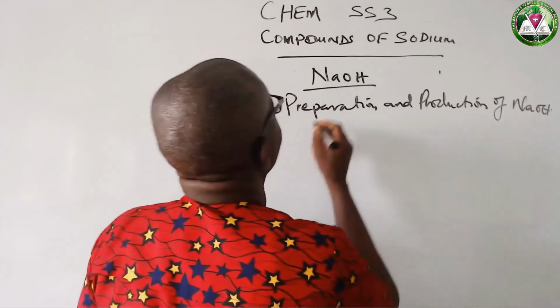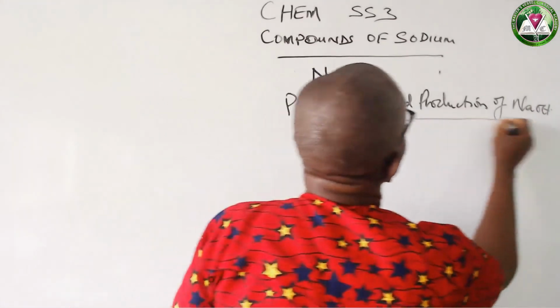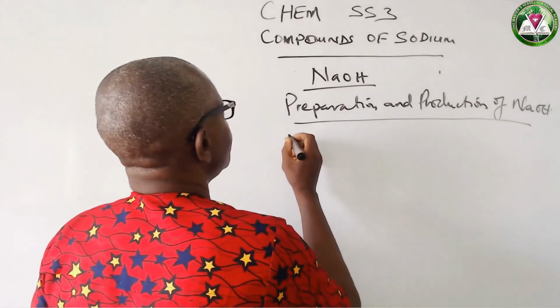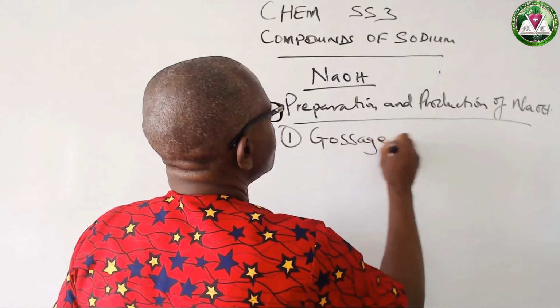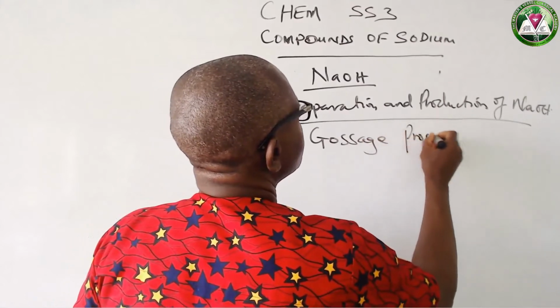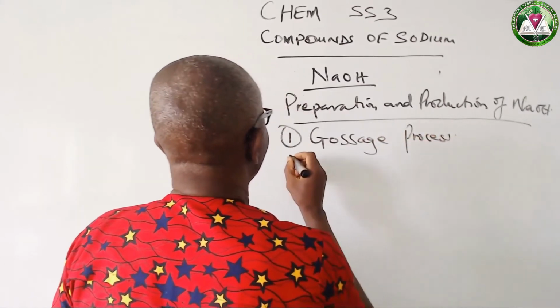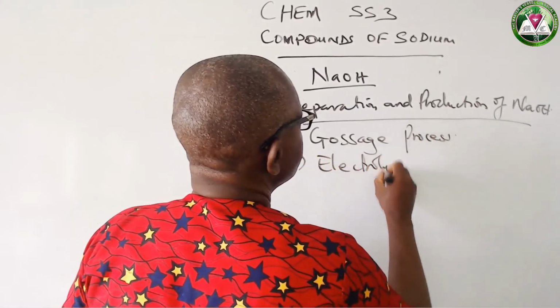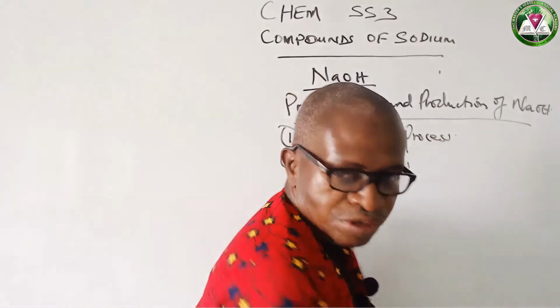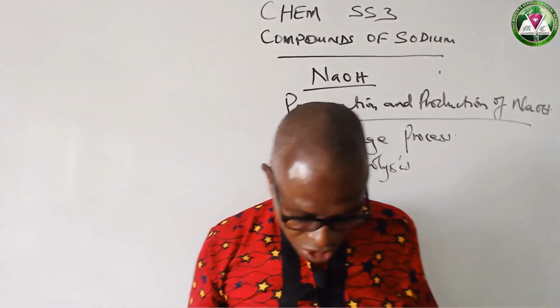There are two methods of production of sodium hydroxide. The first one is the Gossage process.